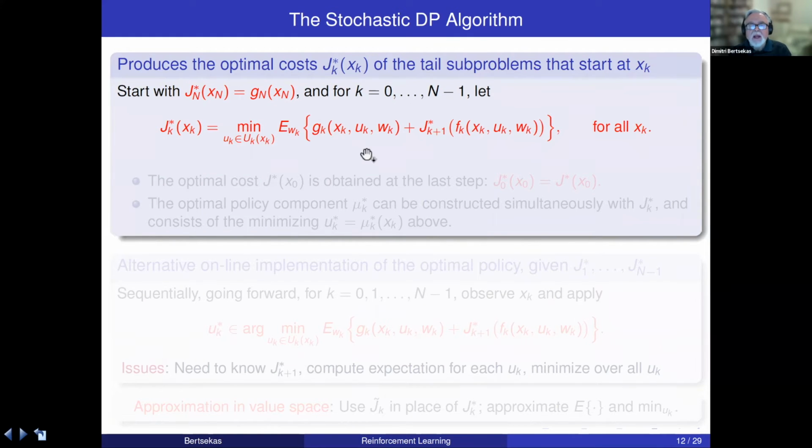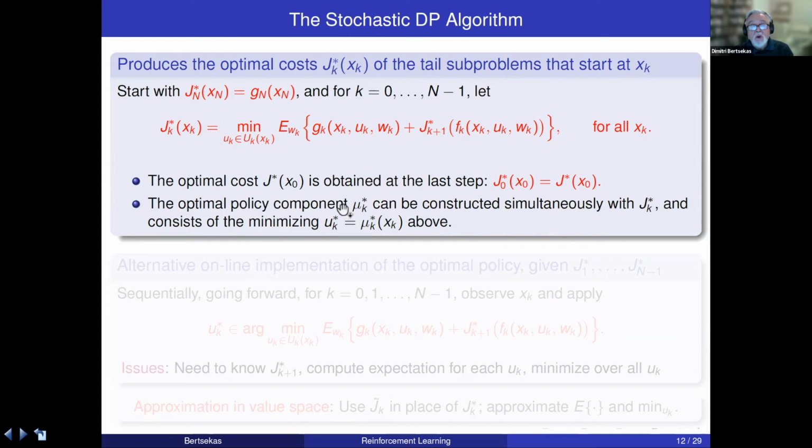It's exactly the same calculation as in the deterministic case, except that we introduce also this expectation because the problem is stochastic. And the optimal cost starting at x0 is obtained at the last step. This algorithm will give you all the optimal costs from every initial state. And this is also true for the deterministic case.